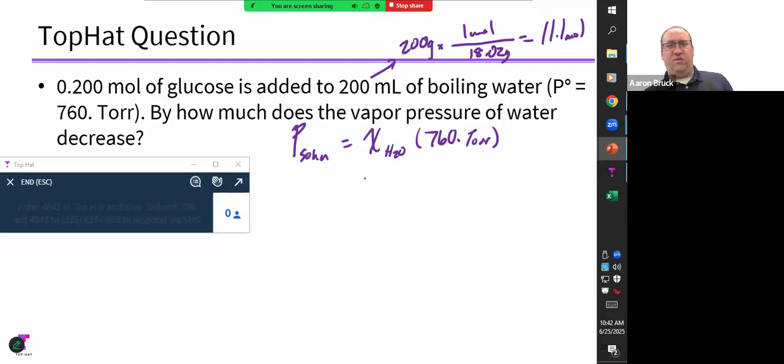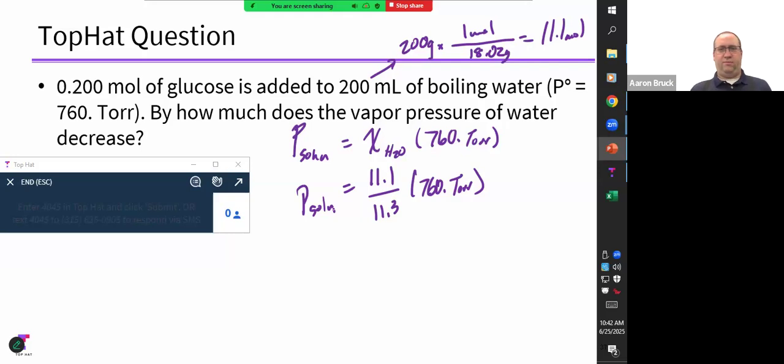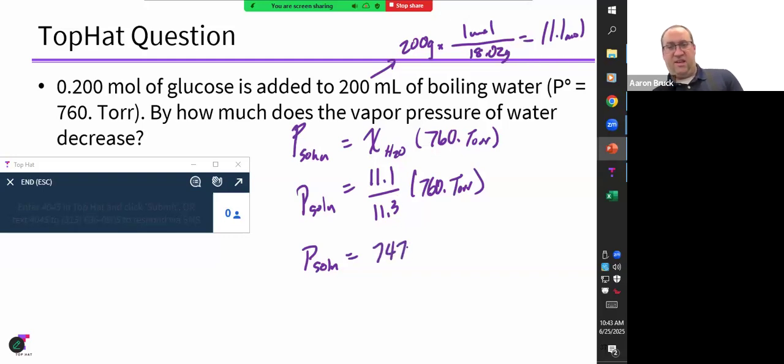So if I add the 0.2 moles of glucose to that, that'll give me up to 11.3 moles. And so this solution, 11.1 divided by 11.3 times 760, to three significant figures is 747 torr.